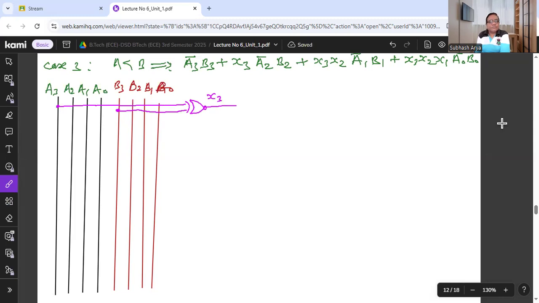Then X2 from A2, B2, then next is A1, B1, which will give the condition for X1. Then X0 will be achieved by taking the exclusive NOR of A0, B0.